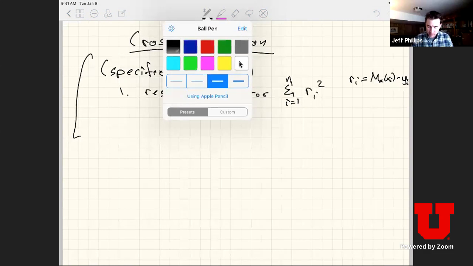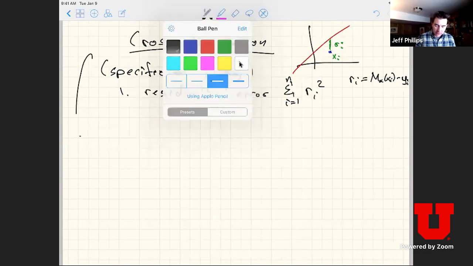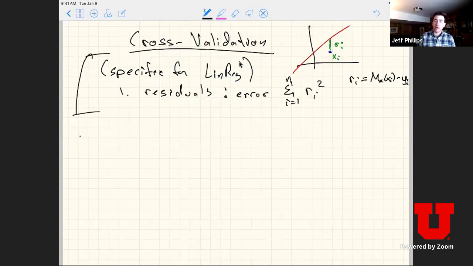So I'm getting some model through here. If I have a data point, then this is the data, this is the error here. Now with cross-validation, I can do this with any supervised problem. I might measure the error in a way which is different than this, but this is the case for regression.